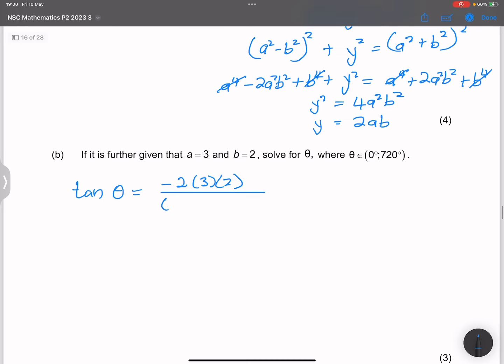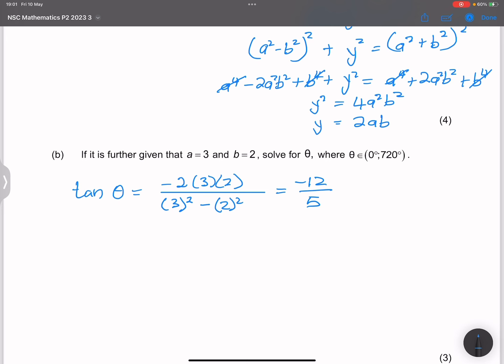In this case we get negative 2 times 3 times 2, that's negative 12, and in the denominator we've got 9 minus 4, which is 5.